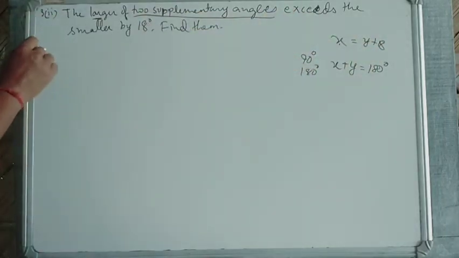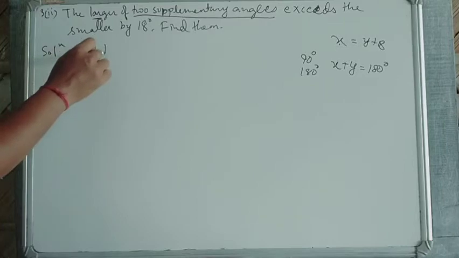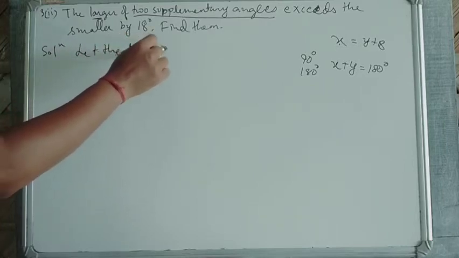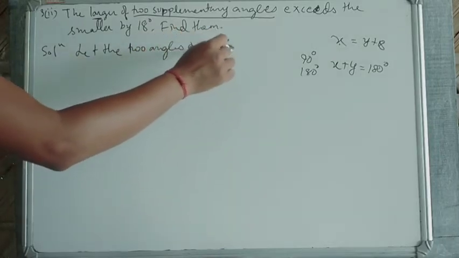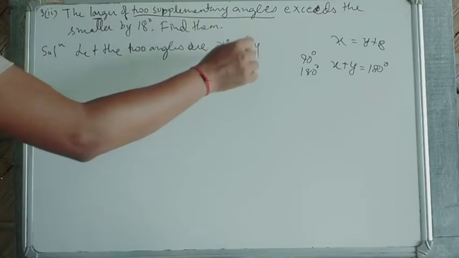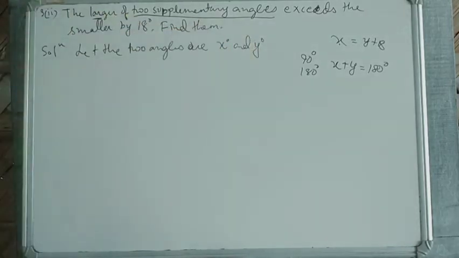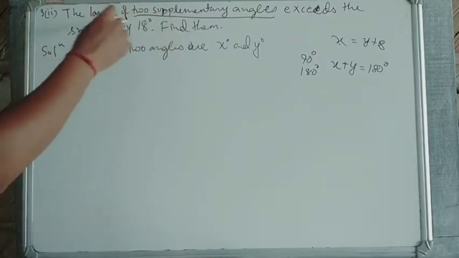Now we'll write the solution. Let the two angles be x degree and y degree. Why I wrote degree is because it is an angle. Now what are the two conditions saying?